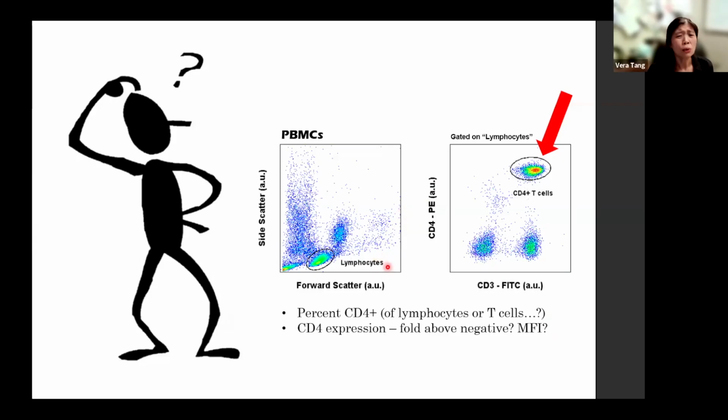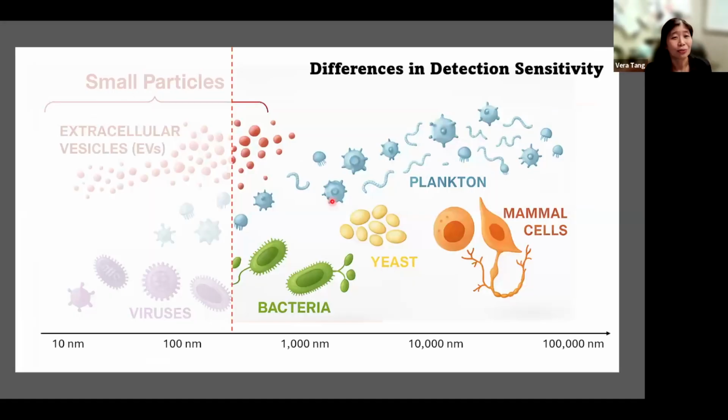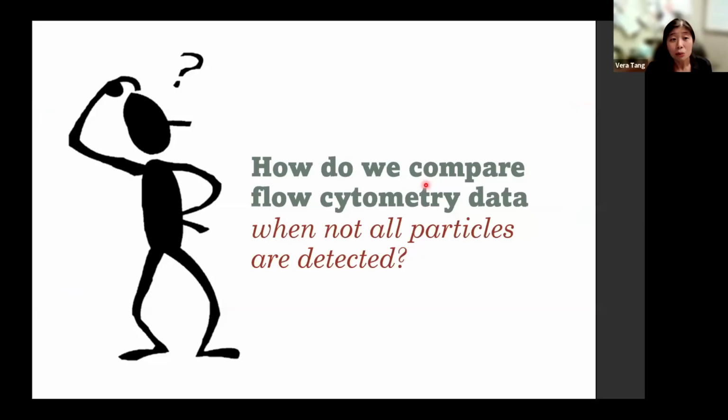And so how do we do this, or should we be doing this with respect to something that you're not perfectly resolving? Because there's never this doubt that we're not resolving our T cell population, right? However, this is potentially happening when it comes to your extracellular vesicles. So how do we then deal with this?